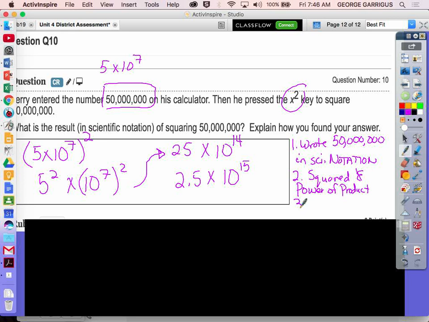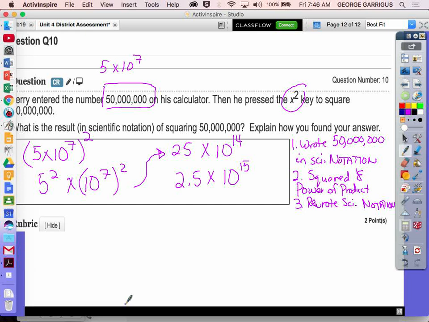And then 3, I rewrote in scientific notation. That was it. That concludes our test. Let's take a look at question 10 as a quick example to finish up.